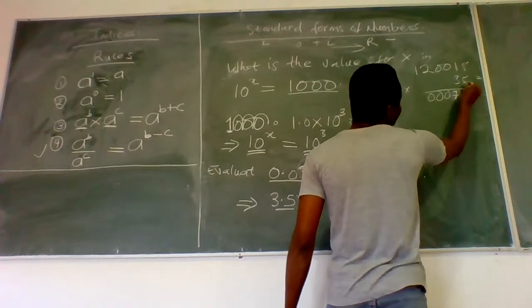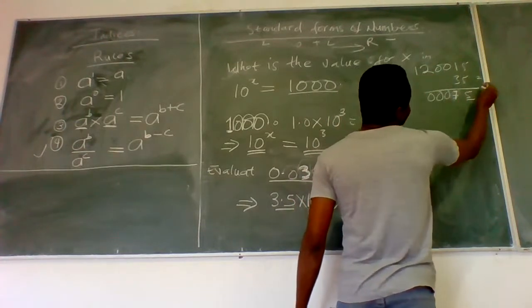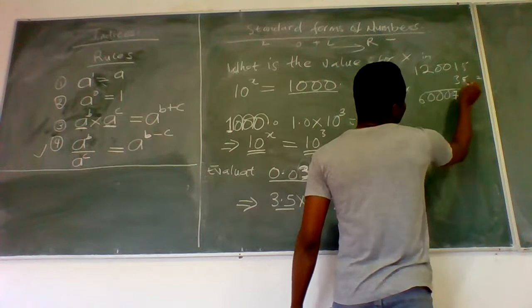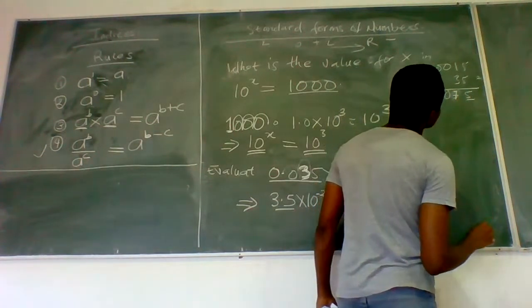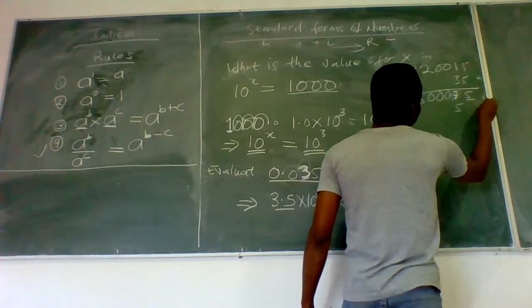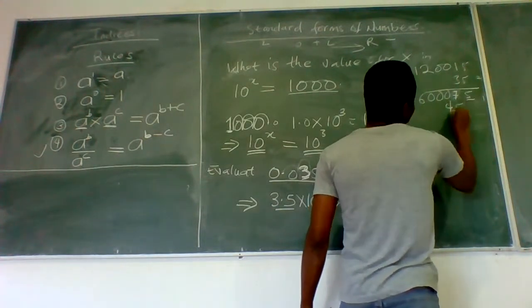So 0 remainder 1. 5 times 1 is 5 plus 1 is 6. Again 3, 3 times 5 is 15, remainder 1 gives me 4.